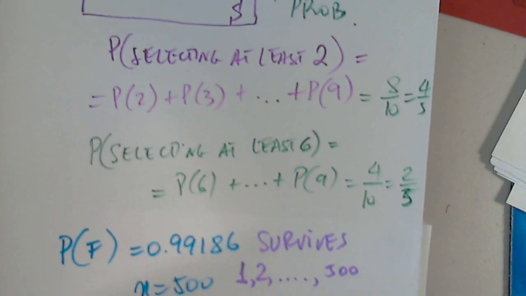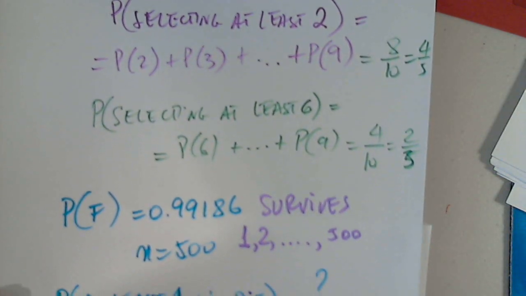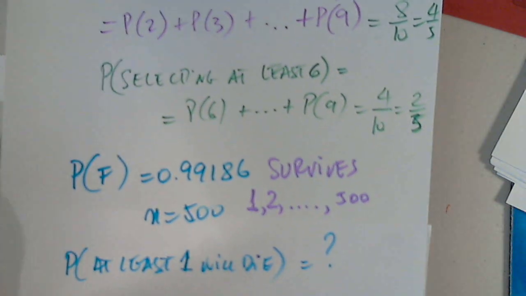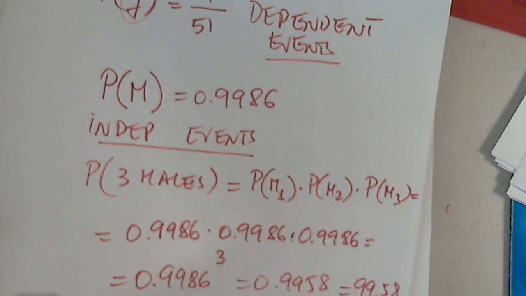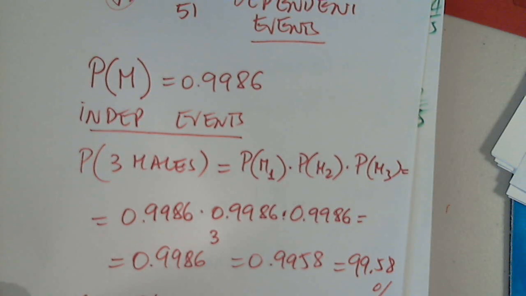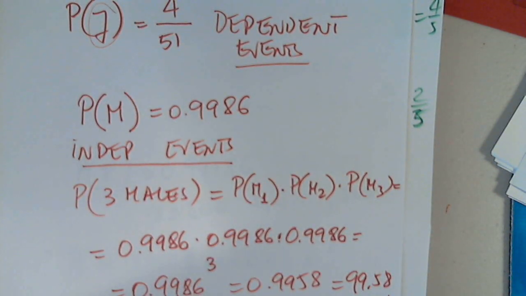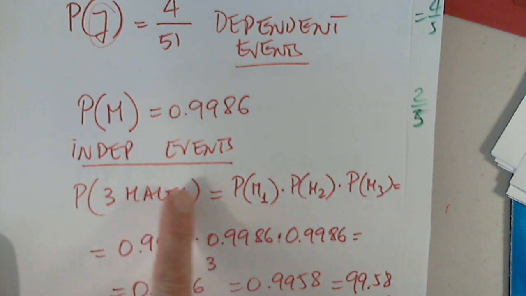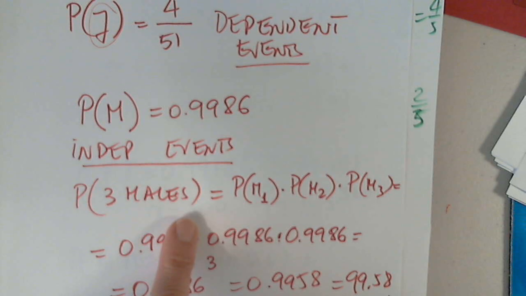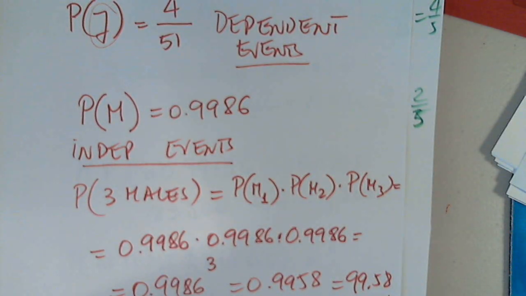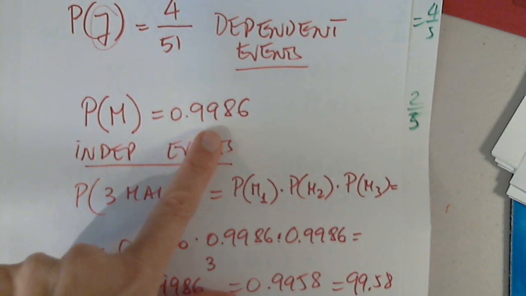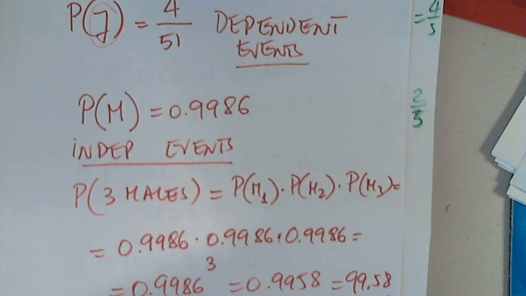So we have to multiply. The multiplication rule, right? So here when we selected independent events, so three males, right? So the probability for one male to survive is 0.9986, right?